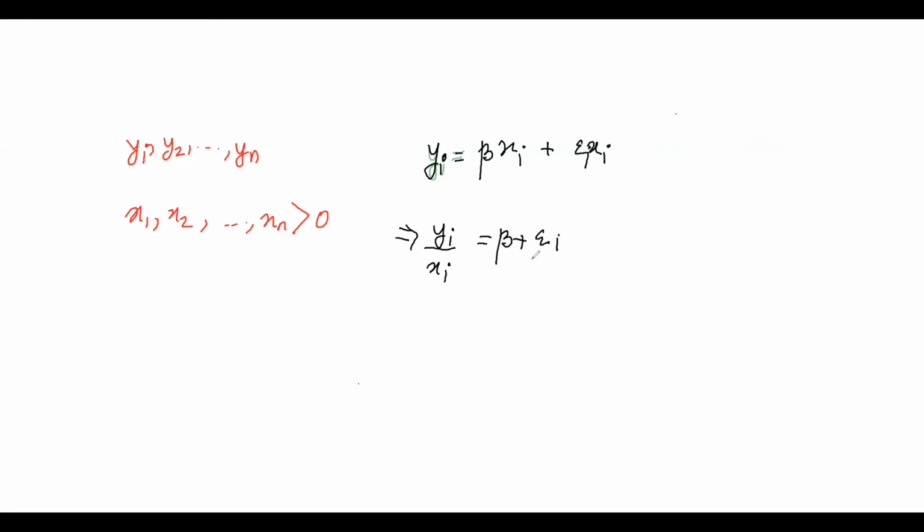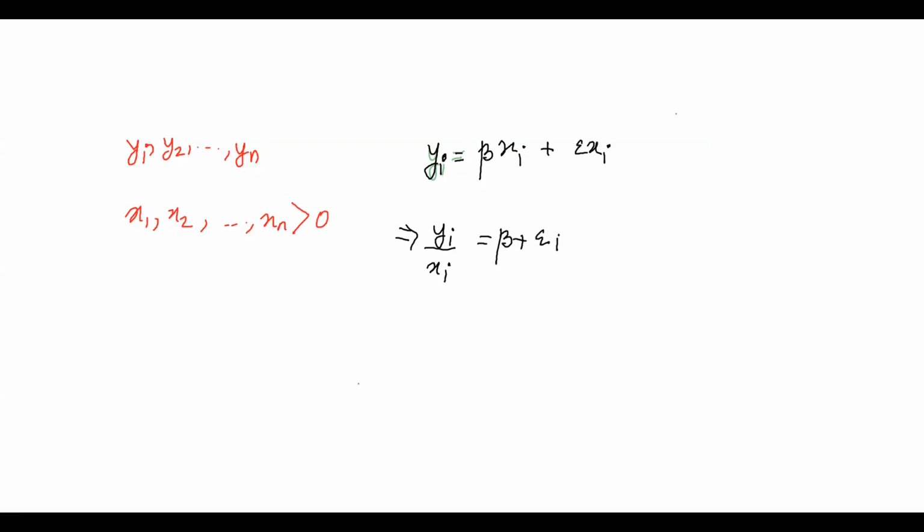Okay, so let's try to understand how to approach this one. The first part of the problem asks what is the least square estimate of beta, and the second part asks what is the maximum likelihood estimate of beta. So let's see.